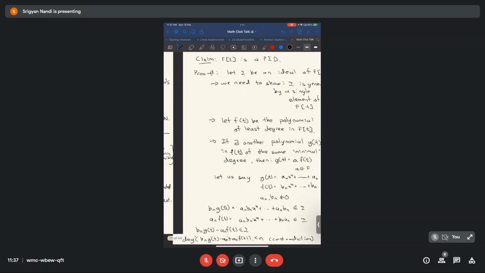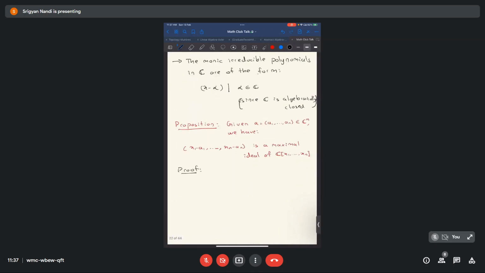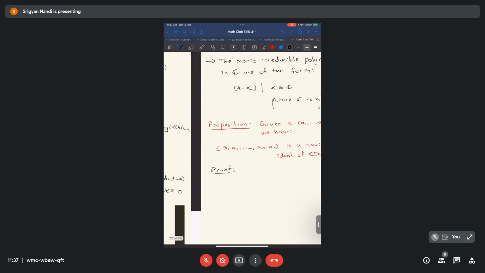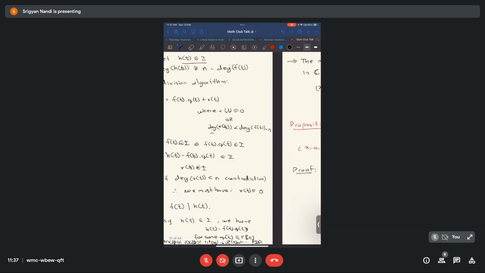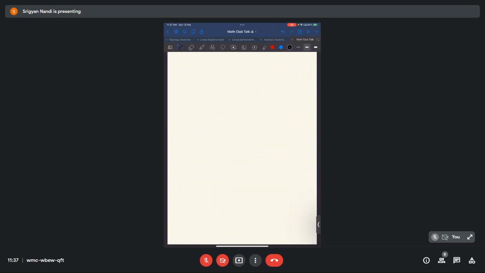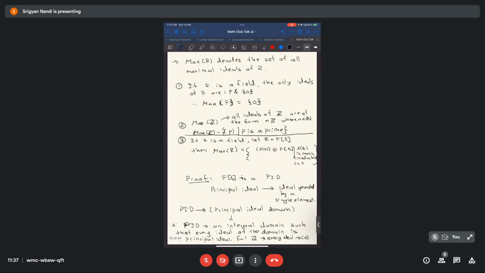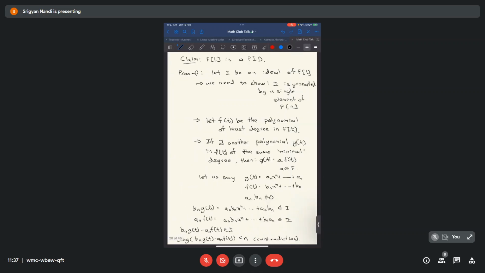So now that we have F[t] is a PID, we intend to find the maximal ideals of F[t].